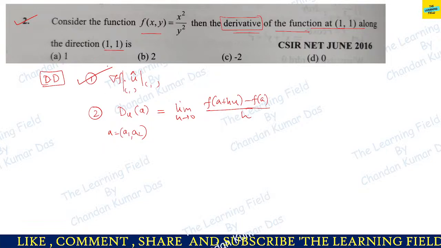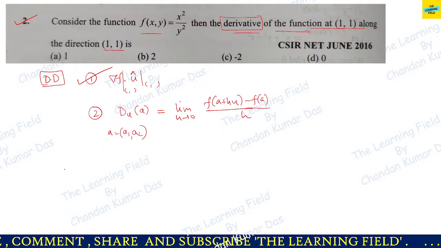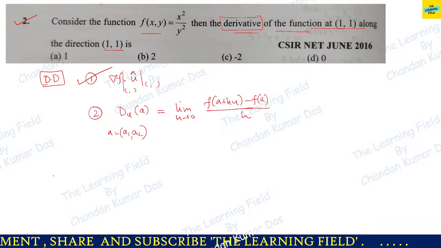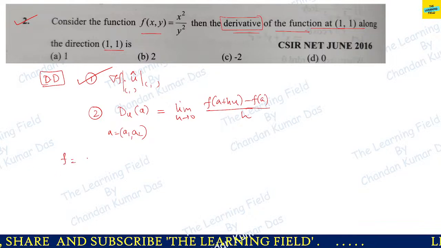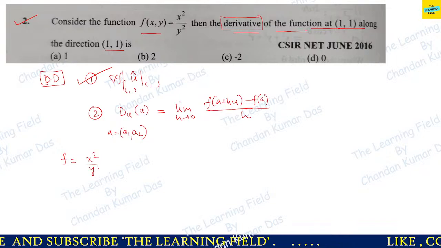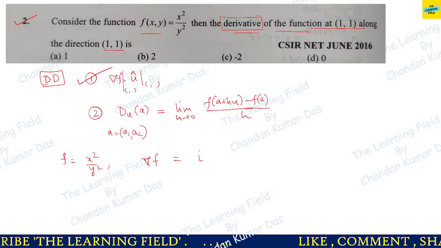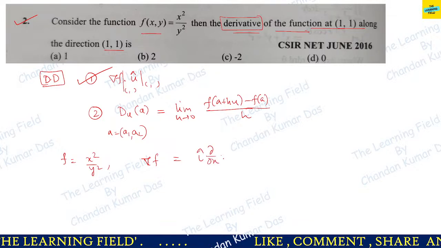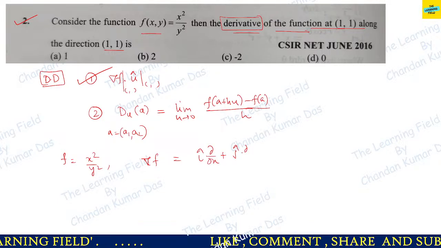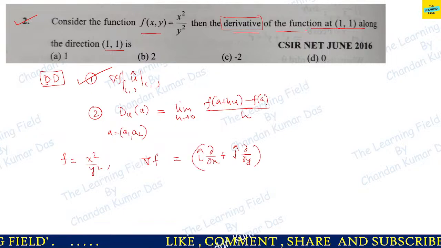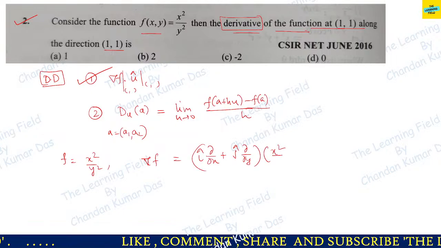Here I apply formula 1, which is the easiest in most cases. Okay, so here f is equal to x square by y square. Now the gradient of f is equal to i del x plus j del y of the function f, that is x square by y square.